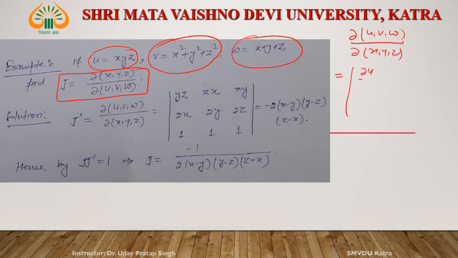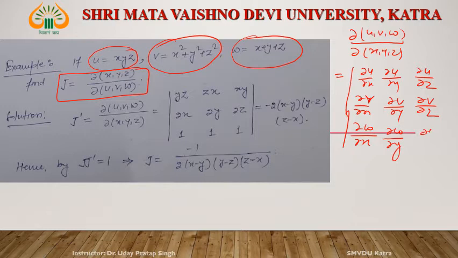This is equal to yz, zx, xy, 2x, 2y, 2z, and 1, 1, 1.